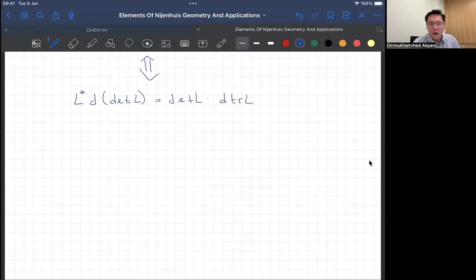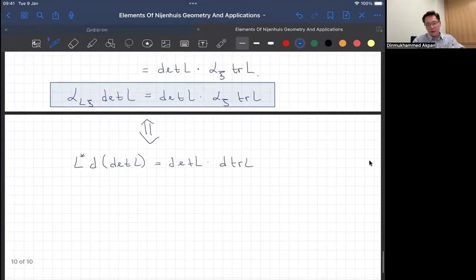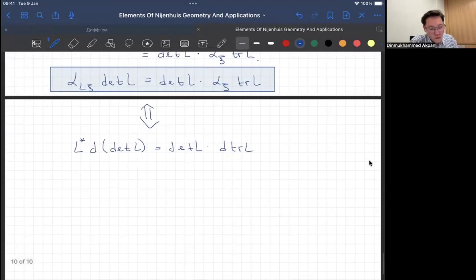Okay, so why are these two formulas equivalent? It comes from an obvious property of the Lie derivative, some kind of definition of the Lie derivative. For any smooth function f and for any vector field xi, the Lie derivative L xi of the function f is a new vector field, and we should differentiate our function along this vector field.